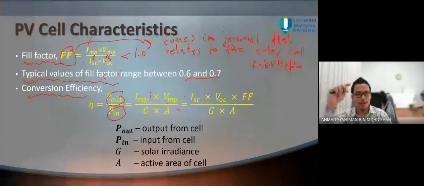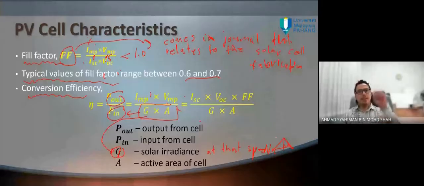The higher the output compared to the input, the more efficient the device. Ideally, we cannot make 100%. 1.0 is extremely impossible, but close to 95% or 90% is considered very high efficiency. That is what people are looking for.